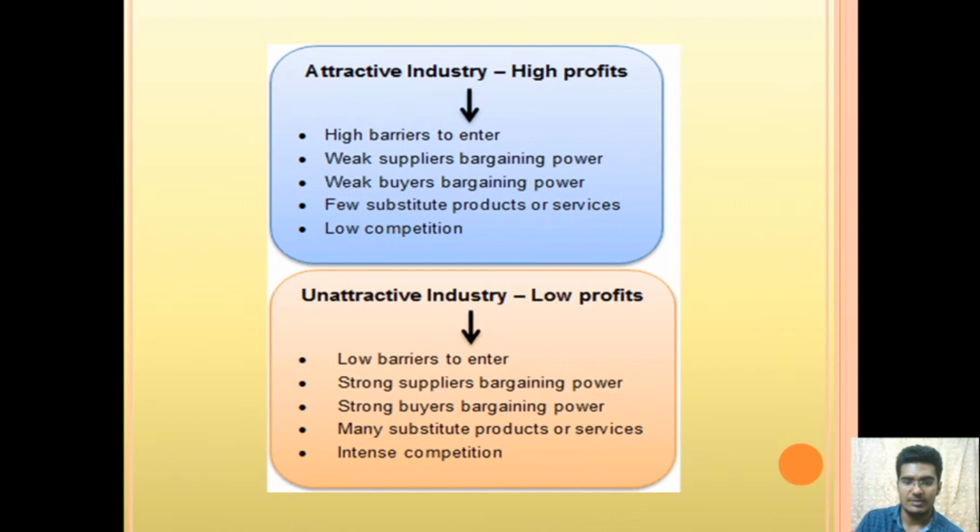Strong buyers' bargaining power. If the product has a lot of substitutes, the power eventually moves to the buyers. Next is a lot of substitutes. If there is any change in the product quality or a hike in price, people can move to better substitute products. And intense competition.